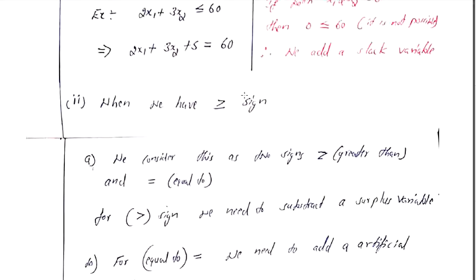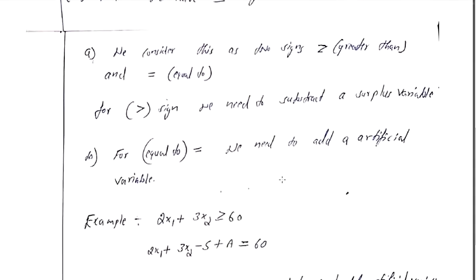In less than or equal to, we consider it a single sign, but here we consider it as two signs, greater than and equal to. For the greater than sign, in order to balance it, we need to subtract a surplus variable.